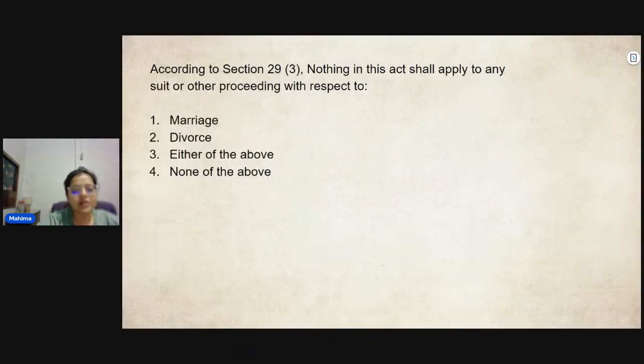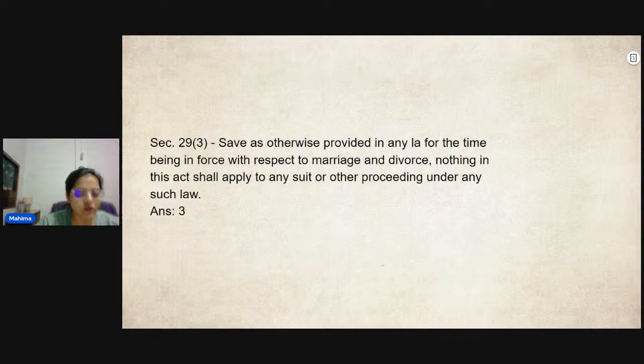According to Section 29, Clause 3, nothing in this section shall apply to any suit or other proceeding with respect to marriage, divorce, either of the above, or none of the above. Yes, it is option number 3, directly taken from the Bare Act.